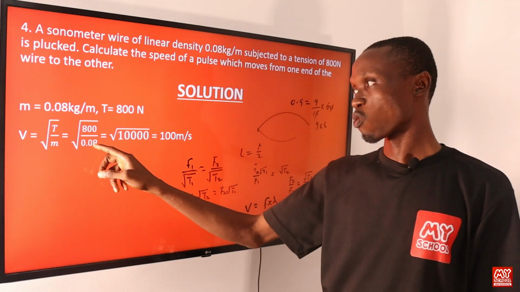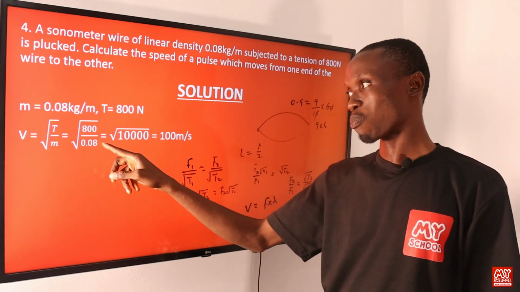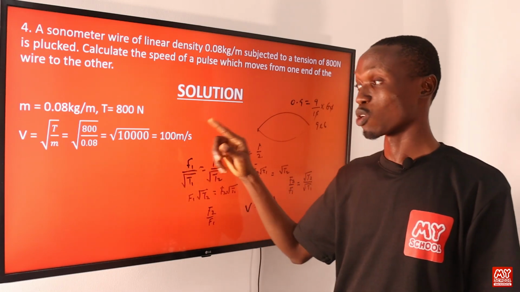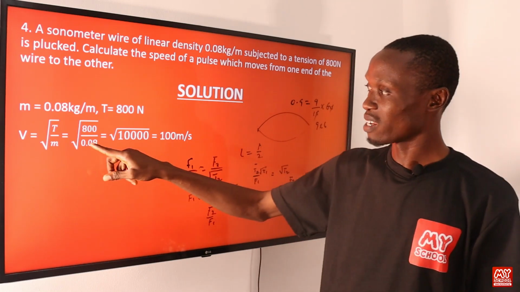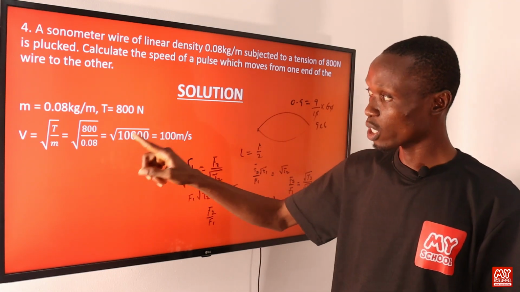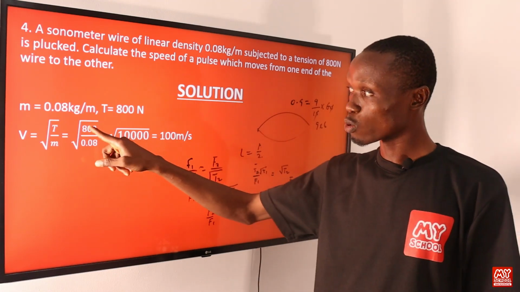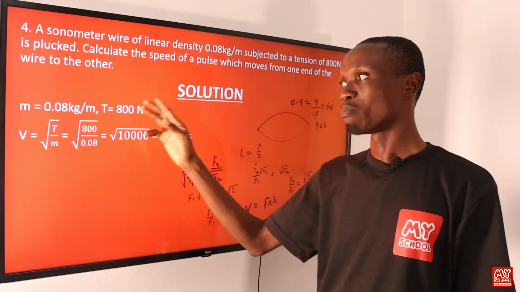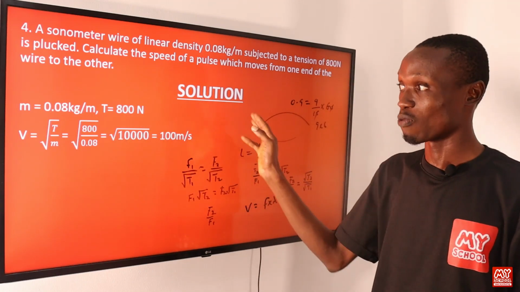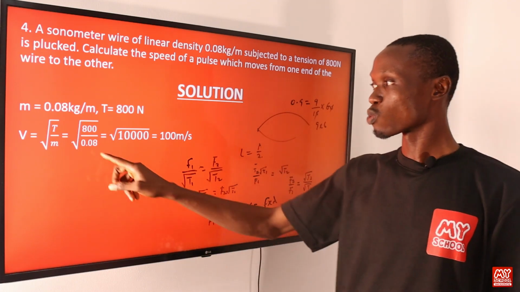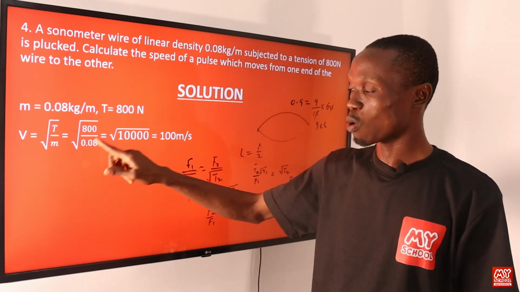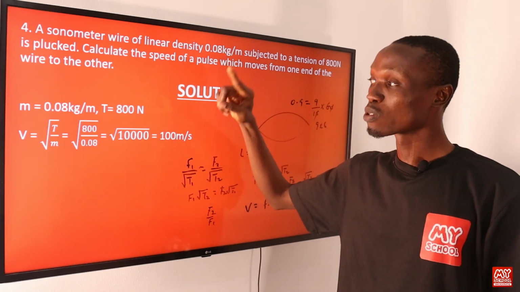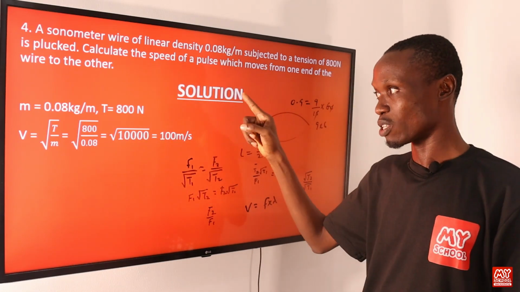So first of all, we have to remove this decimal point. To remove this decimal point from the denominator here, we have to multiply it by 100. So if we multiply this by 100, okay, we'll now be having 8. And we also do the same thing to the numerator, because if we don't do the same thing to the numerator, that means we have altered the fraction. The fraction is no longer correct. So since we multiply the denominator by 100, in order to clear the decimal point, we also do the same thing to the numerator, okay?